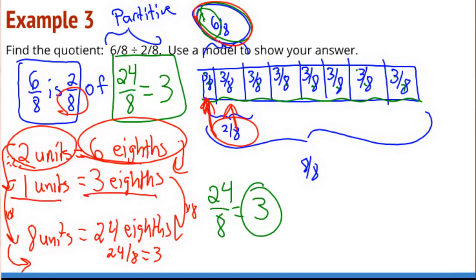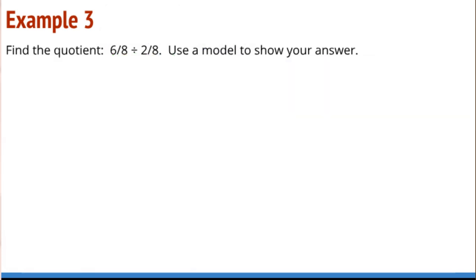And then we counted up and said we have 8 of those, so 8 of our units is equal to 24/8. And 24/8 is equal to 3. I know partitive division feels a little bit weird when we look at it, but it is a powerful way of looking at division and using division. All right, example 4.